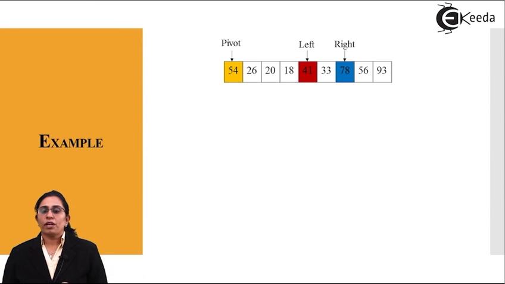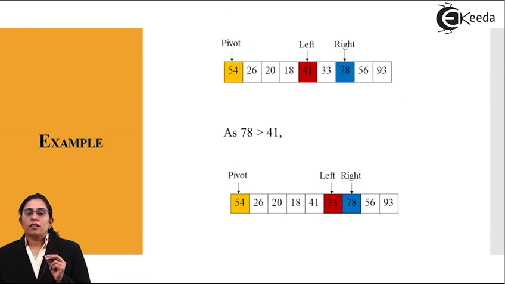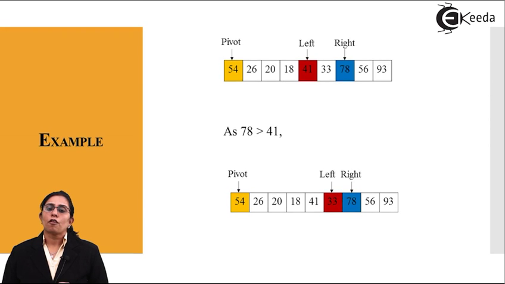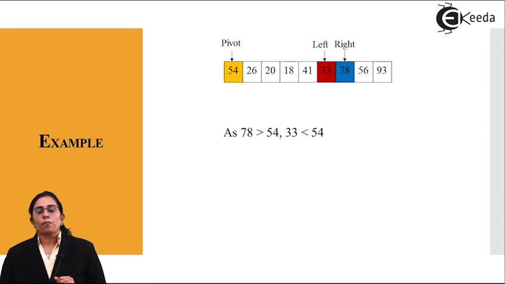Then, as we reach 33 and 78, 33 is less than 54 and 78 is greater than 54.